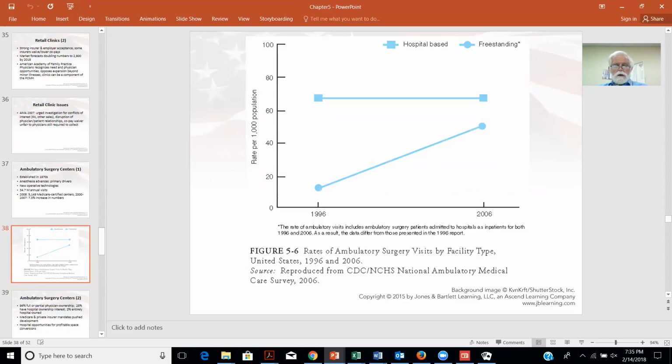If we look at the trends in ambulatory surgery visits, hospitals have been flat since the mid-1990s, whereas freestanding facilities have really risen about threefold.